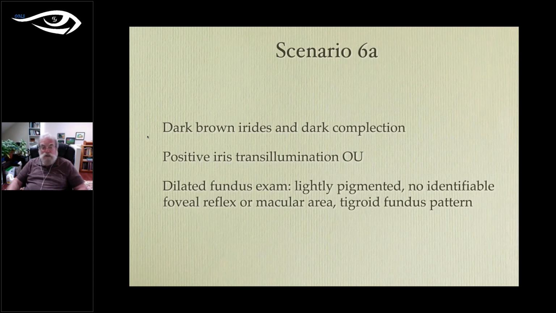The fundus pattern is this tigroid fundus pattern, which is really the choroid, the choroidal pigmentation, such as it is, coming through. So you've got a grossly deficient eyeball in terms of pigmentation. Your diagnosis is made. You've got it. Lack of a fovea, iris transillumination, high refractive error, nystagmus, other features we'll talk about, make the diagnosis.